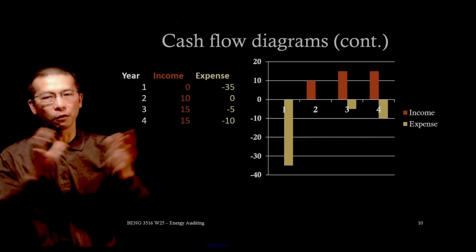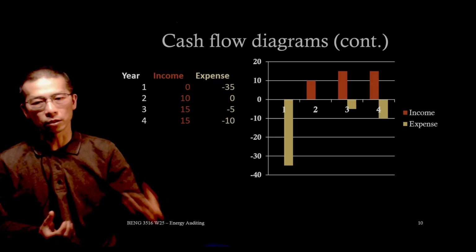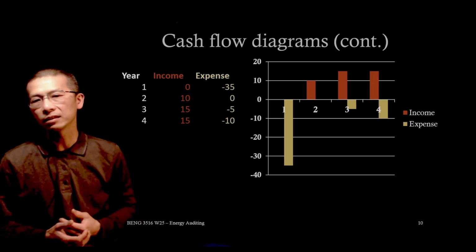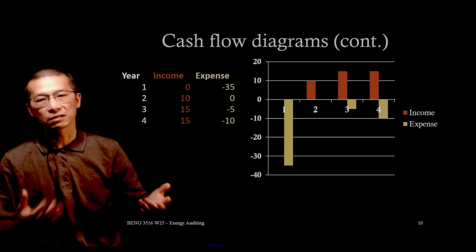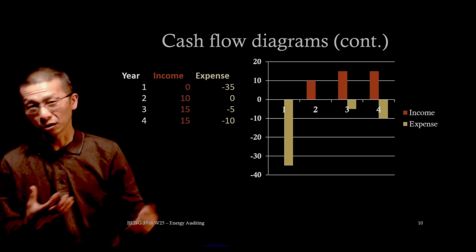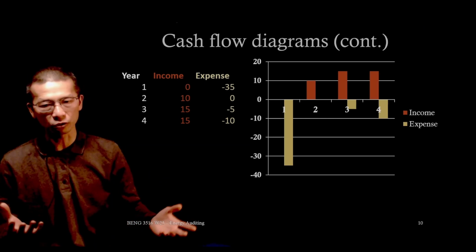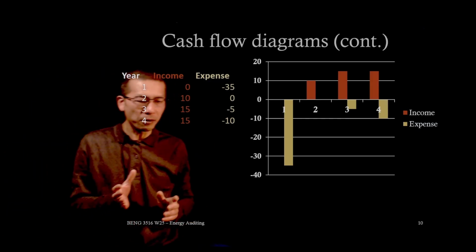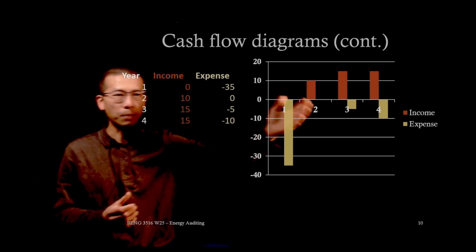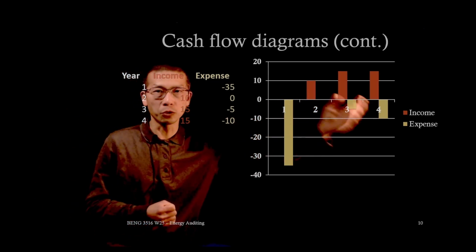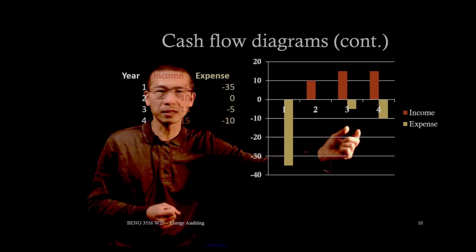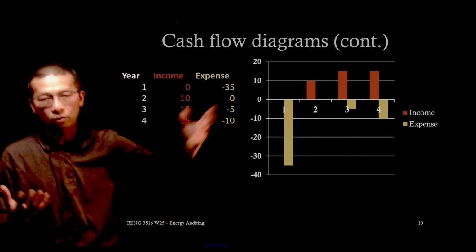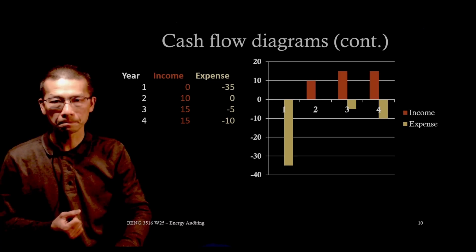The system is now fully optimized, continues to generate strong savings, but higher operating and maintenance costs appear as components become older, need replacement, service contracts kick in, stuff like that. So based on this scenario, you will see upfront cost, some savings in years 2, 3, and 4, and a little bit of maintenance and upgrade costs in 3 and 4. Right, that's what's called a cash flow diagram.